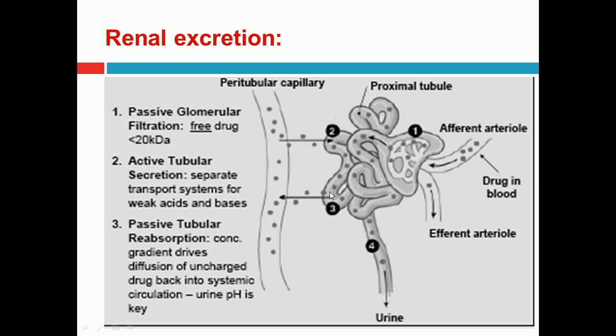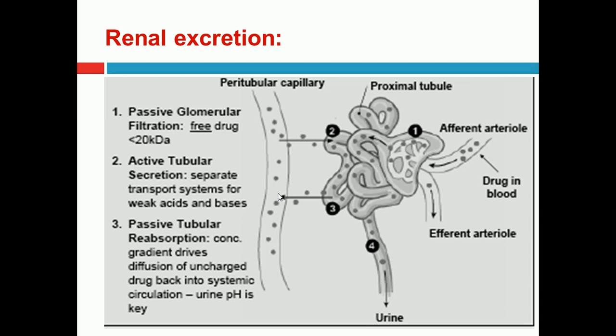In this process, if the drug is unionized in this place, it will help out the absorption. So the drug will move from the urine lumen into the peritubular capillary. So this will be called tubular reabsorption.